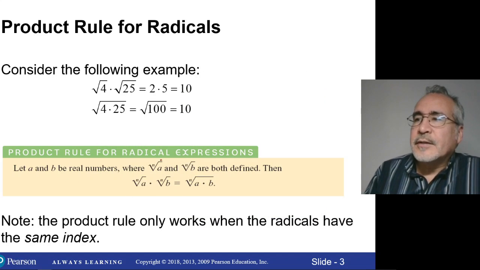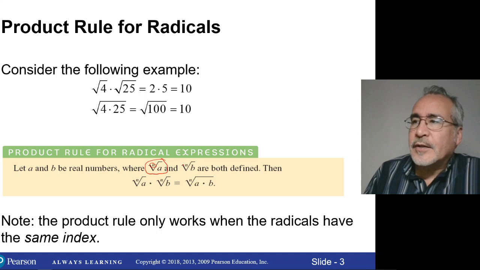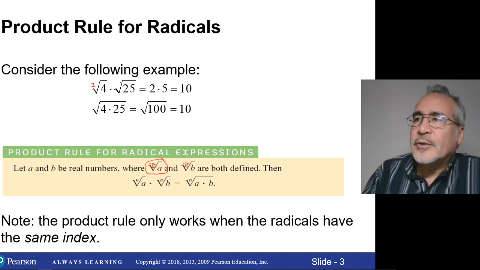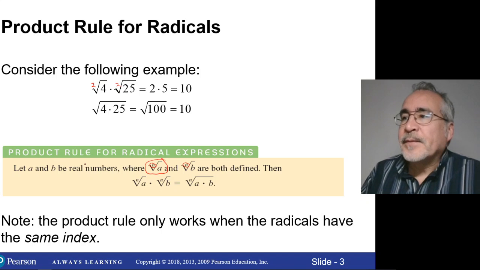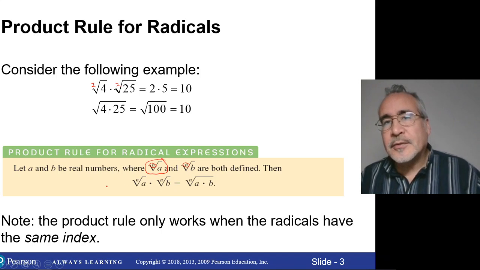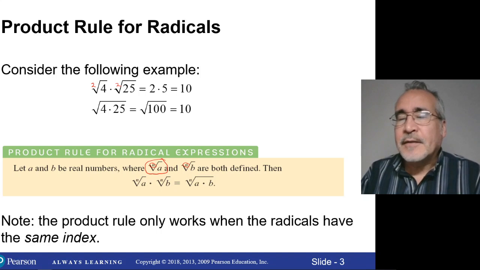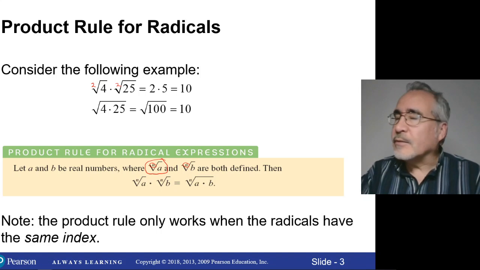Whichever one you want to use. In general, when we have radicals with the same index, remember these have an index of 2. We don't write it, but it's there. As long as the index is the same, it's the same kind of house, we can go in there. If the indexes are different, we can't do this.